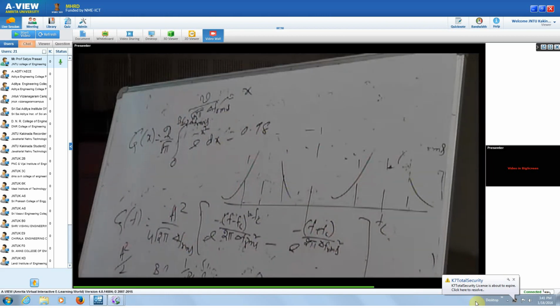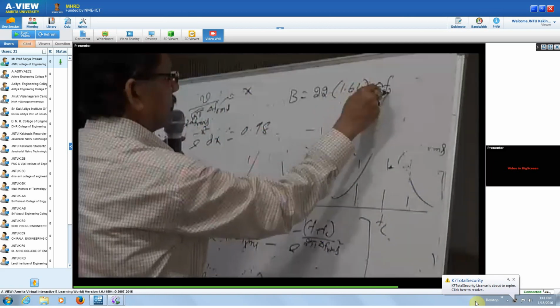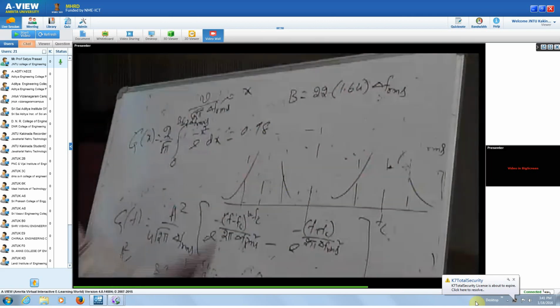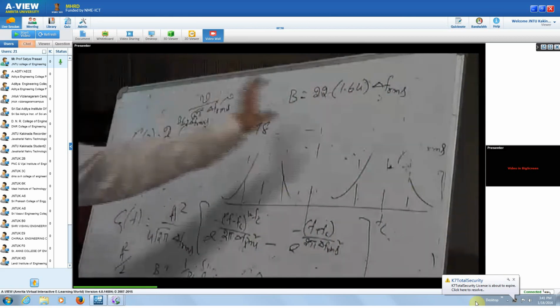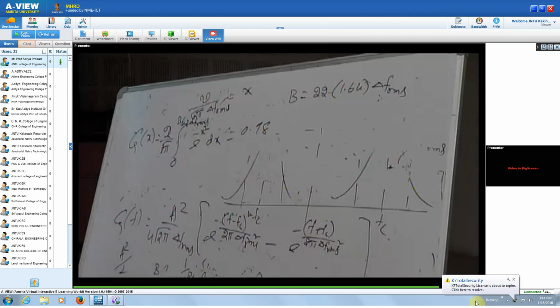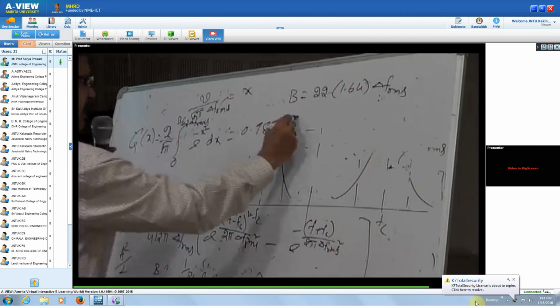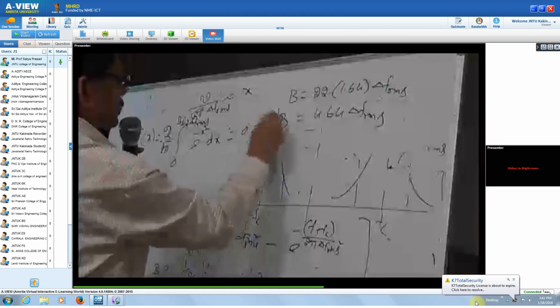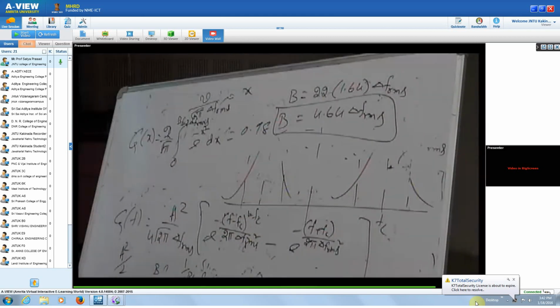From the error function table, for the particular B value, for this value of X of 1.64, you are going to get this equation to be satisfied as 98%, or this will be of 4.64 delta F RMS. So this will be the bandwidth required.